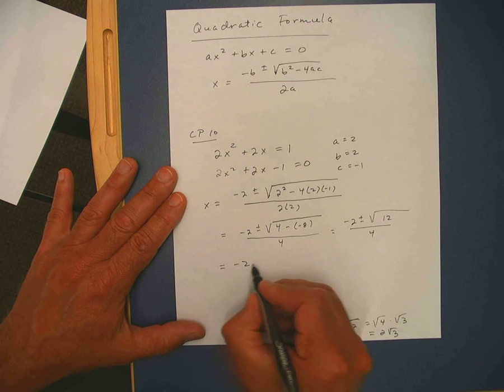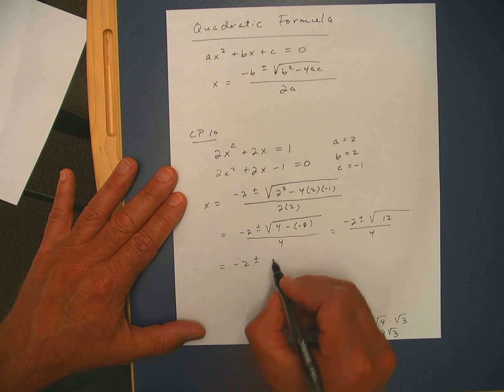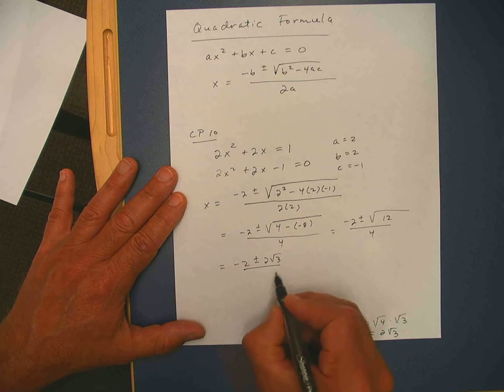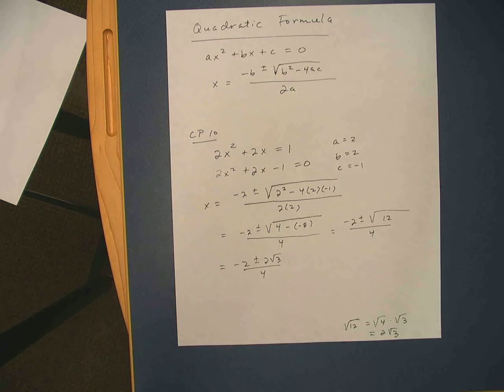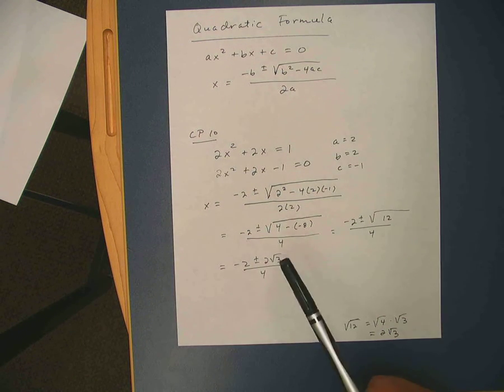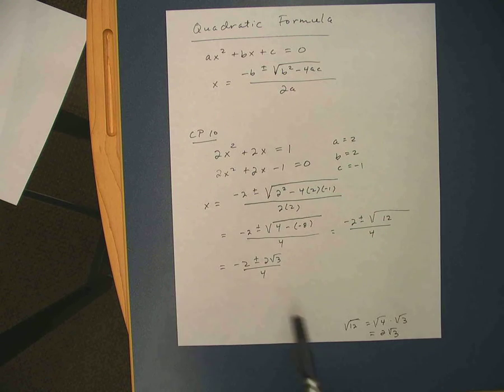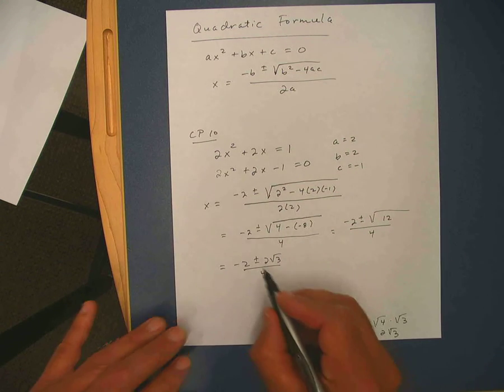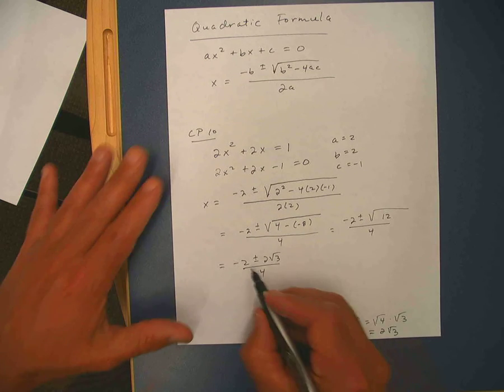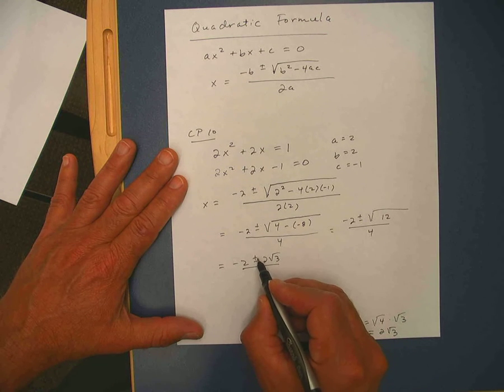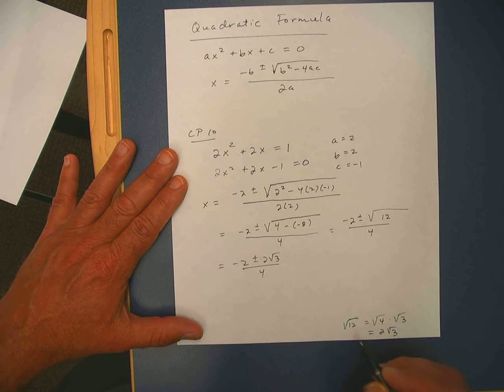So our solutions are negative 2 plus or minus 2 times the square root of 3 over 4. It looks to me like we're still not done because we have common factors between the numerator and denominator. Let's just take the positive one to start with, because one solution is with this plus, the other one is minus.